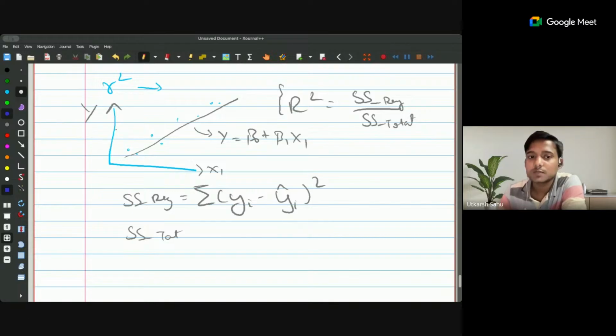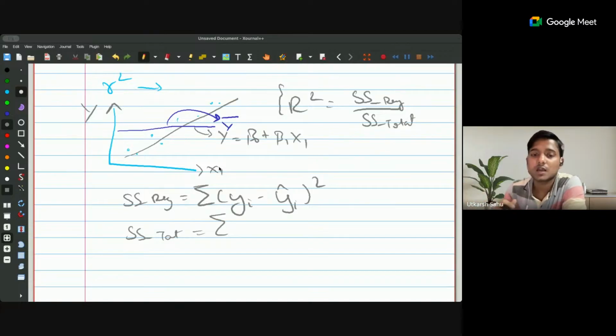Whatever value of x1 I get, I will just give the output y hat. So this line which you see here is the baseline model. If you are predicting only y hat regardless of your x1, x2, whatever you have, you are just saying I will take all the actual y values, take the average, and whatever my x values are, I don't care, I will just output y bar, basically the mean.